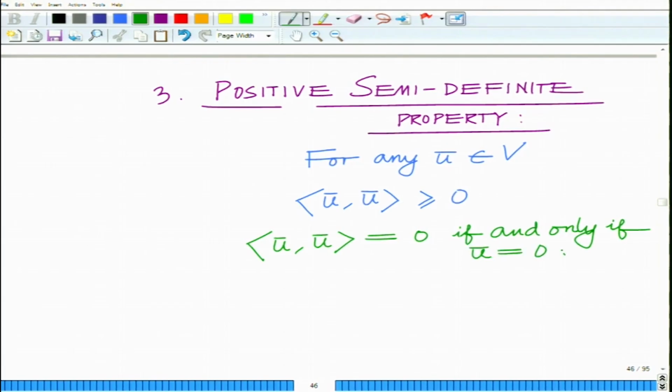So, inner product is 0 if and only if the vector u bar is 0. So, this is the definition. It is an assignment of a real number for a real vector space and satisfies the linearity, symmetry and the positive semi definite properties. Okay.